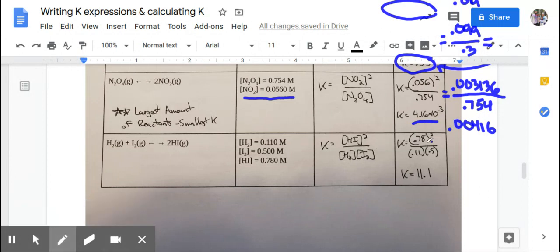HI is 0.78, so 0.78 squared, pop that in the calculator, is 0.6084 divided by the denominator, which is H2 times I2, 0.5 times 0.11, and that's 0.055.